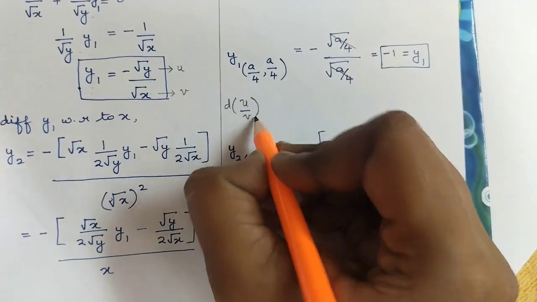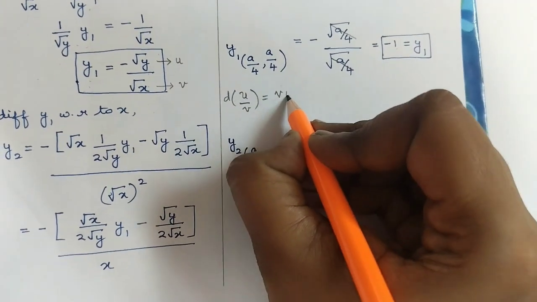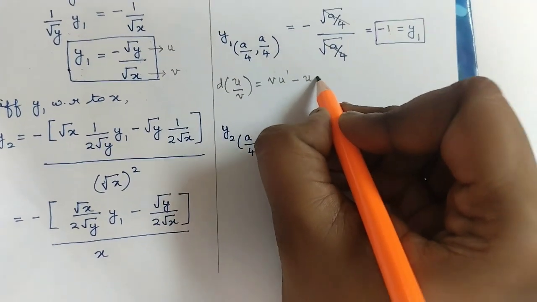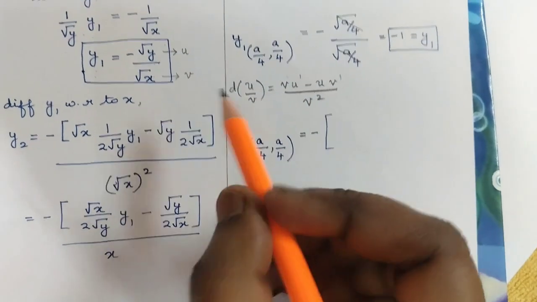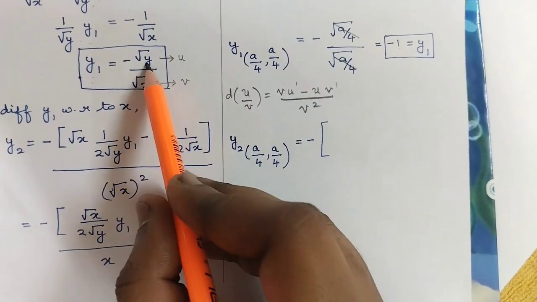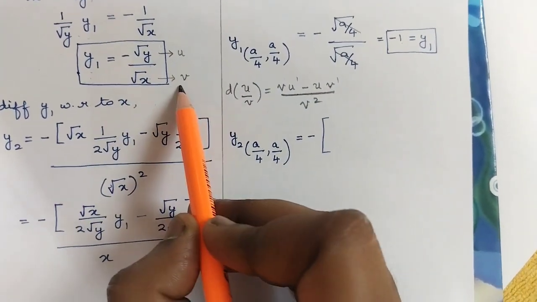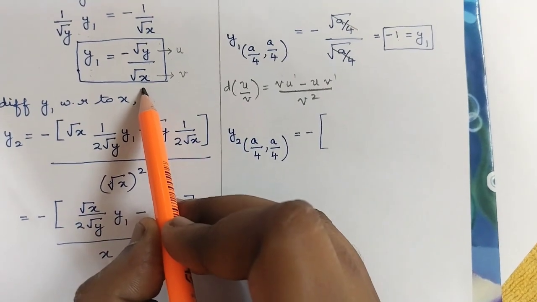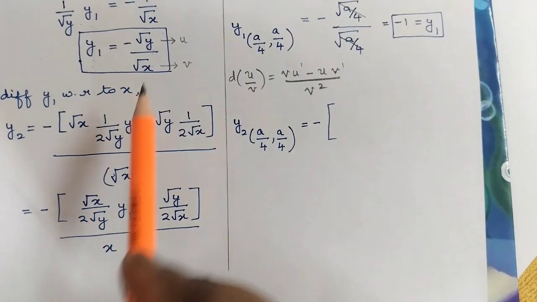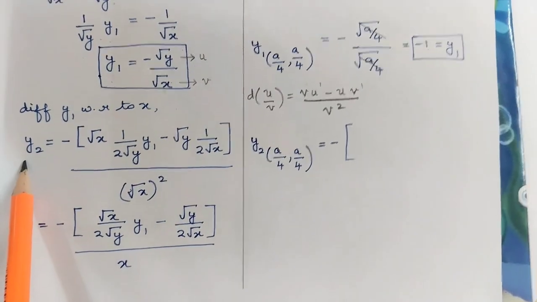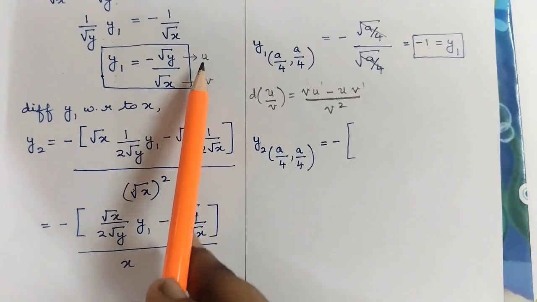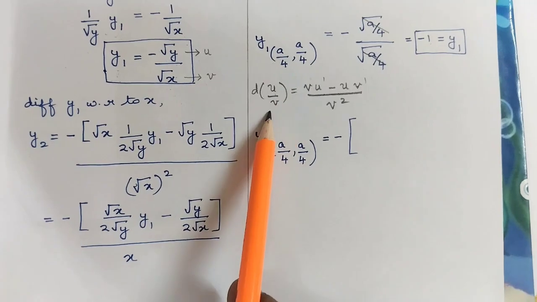So u by v formula will be (v u' - u v')/v². Here u will be root y and v will be root x. When you differentiate your y1, it will become y2, and now you do it by the u by v method.